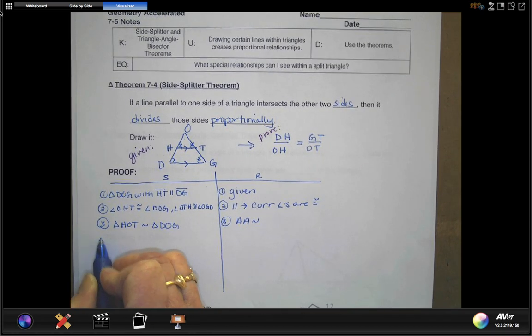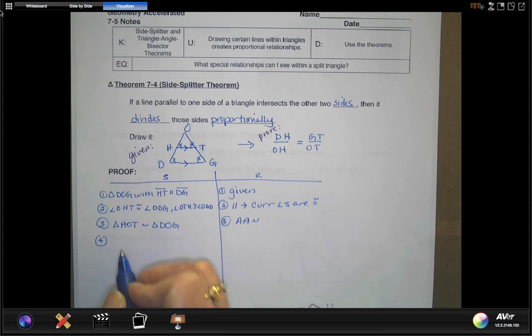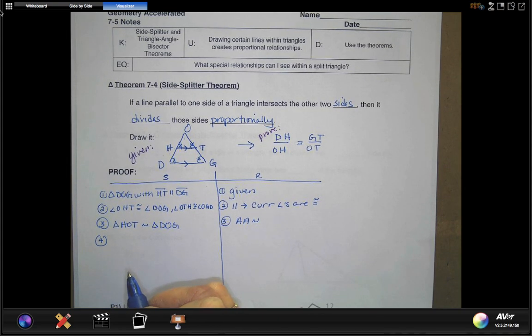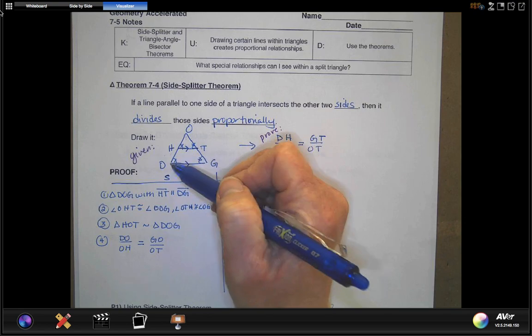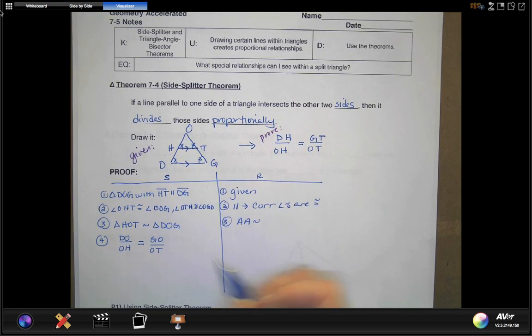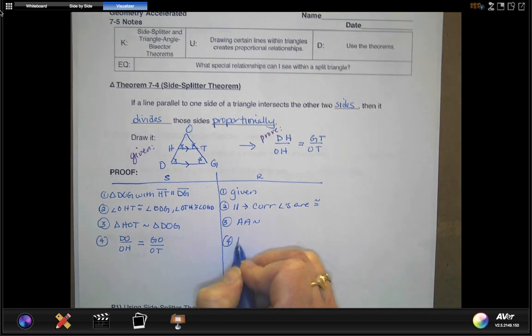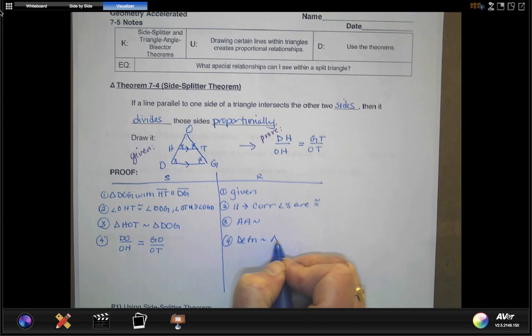But if I know triangles are similar, then I know that DO over OH is proportional to GO over OT. So I know that the sides are proportional. So this is just a definition of similar triangles.